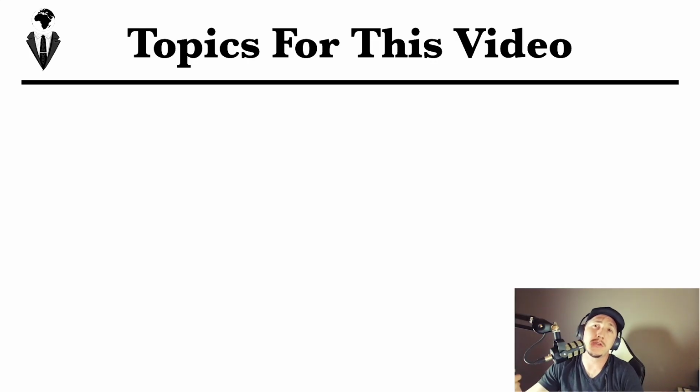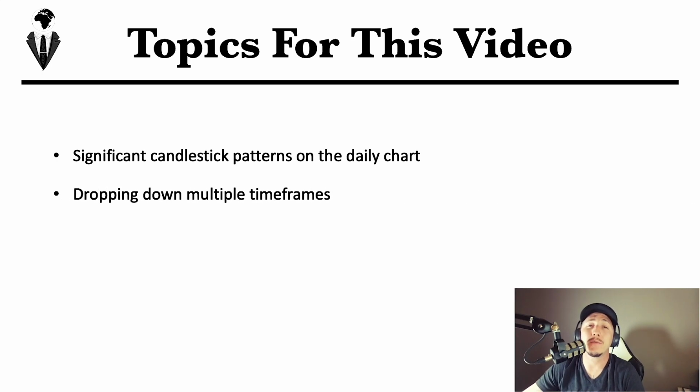All right, so today's video, we're going to go a little bit deeper into what we discussed last video, which is actually going into the charts and seeing how these play out, and then looking on multiple time frames. So we're going to drop down to an 8-hour time frame, 4-hour time frame, and then a 1-hour time frame.